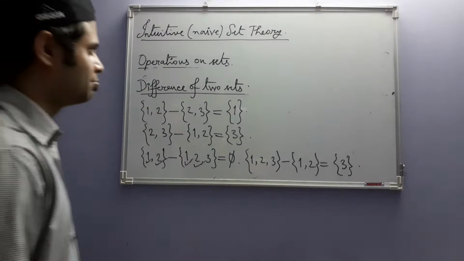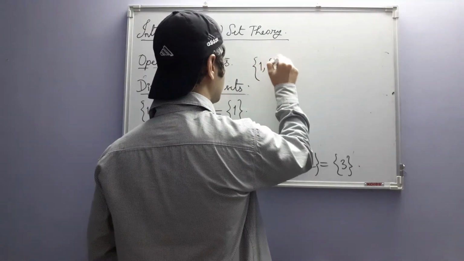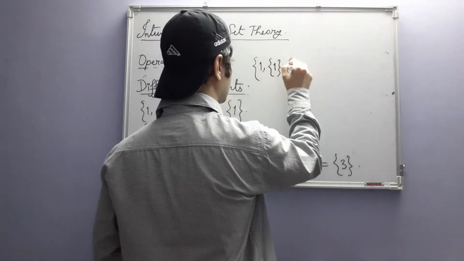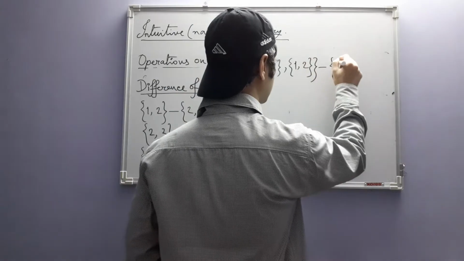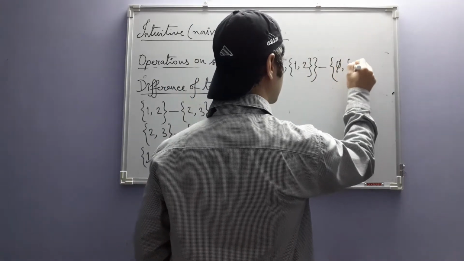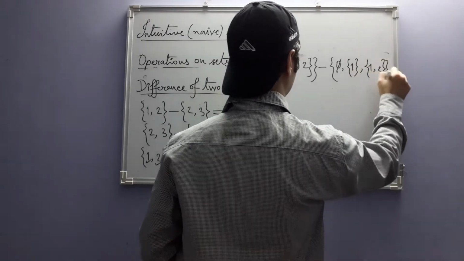Similarly, since we have been taking that complicated example, we include it here also, just for the sake of it. This minus the empty set, {1, 1, 2}.